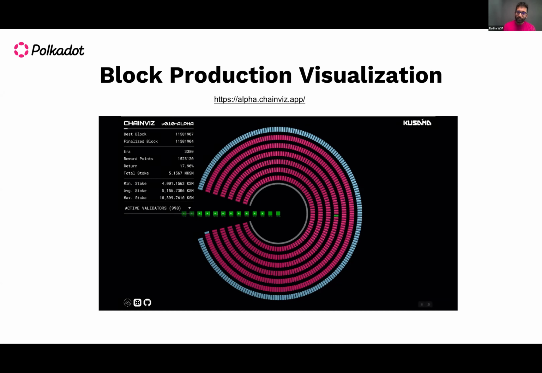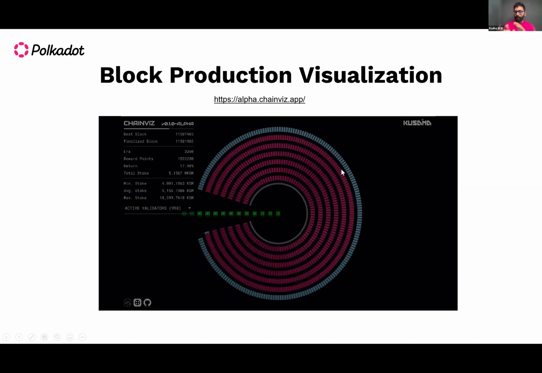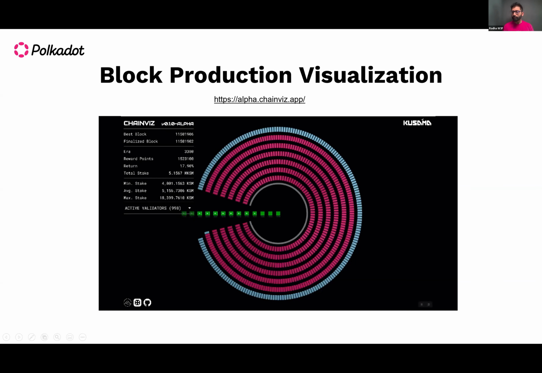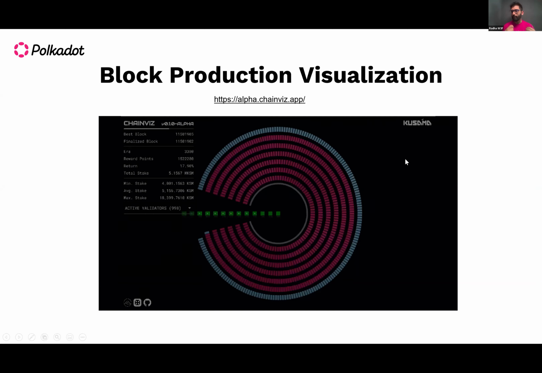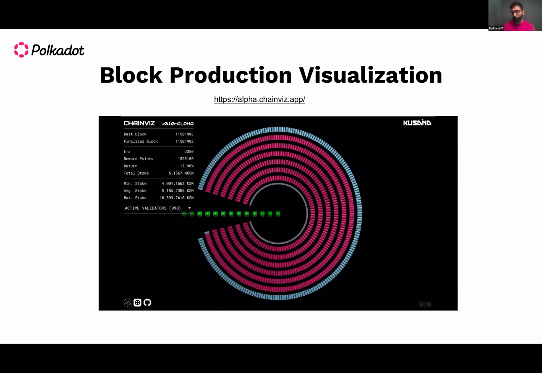The way this works is around 1,000 validators are involved in producing the blocks. There could be more validators who are waiting to get added to the network in the next era. So roughly, I think it's about 2,000 nodes that are actually willing to be validators on Kusama, which is huge.